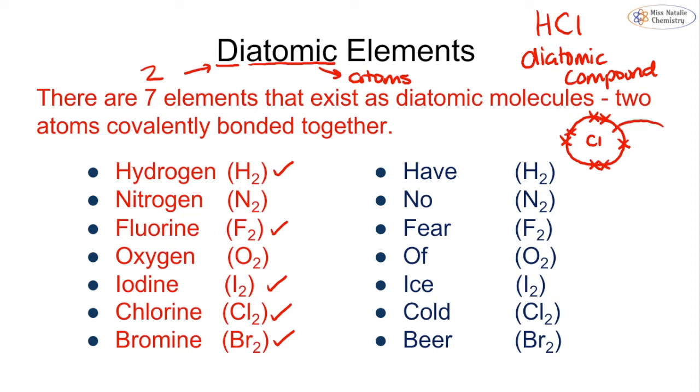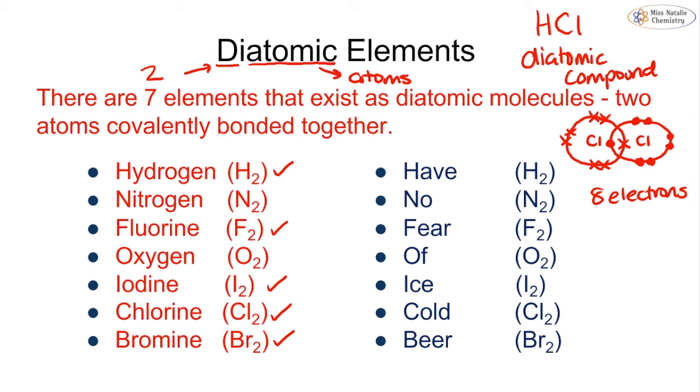It can overlap with the other chlorine, which also has 7 outer electrons. And then the two things together now both have 8 electrons in the outer shell. And we see that same arrangement for the 5 that I have ticked there. Okay, they all have one covalent bond, one overlap with one set of electrons.